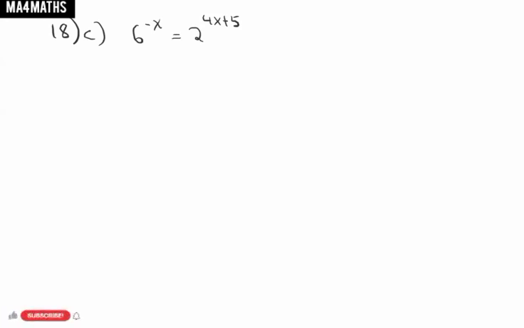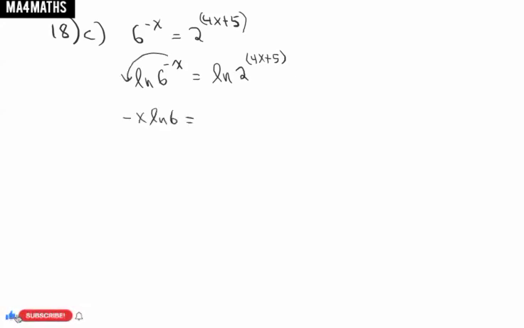You would take the log of both sides, and we'll do ln of 6 to the minus x is equal to ln 2 to the 4x plus 5. If I bring that in front, I'll have minus x ln 6. And if I bring this in front, I'll have 4x plus 5 times ln 2.